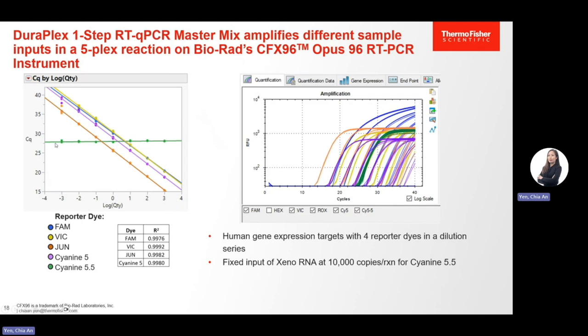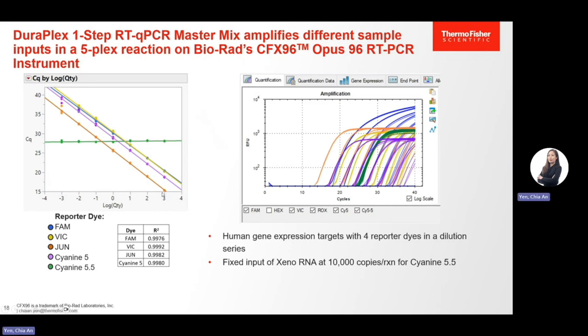And as you can see, the amplification of the Xeno is consistent regardless of whether it's with low input from the human RNA side versus high input from the human RNA side.